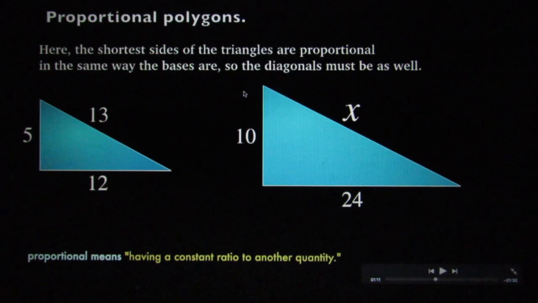Here the shortest sides of the triangles are proportional in the same way the bases are, and I'm calling this 12 and this 24 the bases. And the diagonals must be as well. If two sides are proportional, all three sides of a triangle would definitely be proportional.